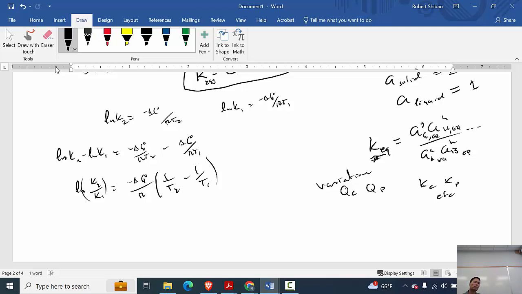Because delta G changes at different temperature. Delta G changes significantly with temperature. In fact, I can reverse the driving force with temperature, potentially, not all reactions, but some of the reactions you can actually reverse it. And so this delta G has to be at T2, and this delta G has to be at T1, right?